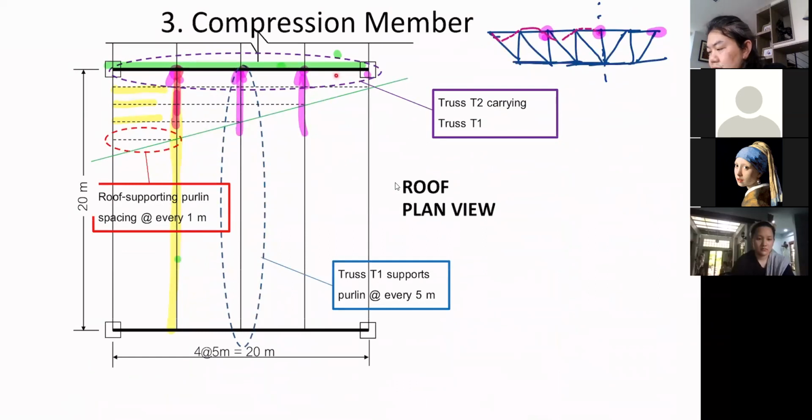We are not going to consider the unbraced length in the horizontal plane equal to 20 meters if we have a brace point here. The unbraced length that we are going to consider for the compressive strength of the member will be 5 meters. It's not the length of the member, but the length between the brace points.